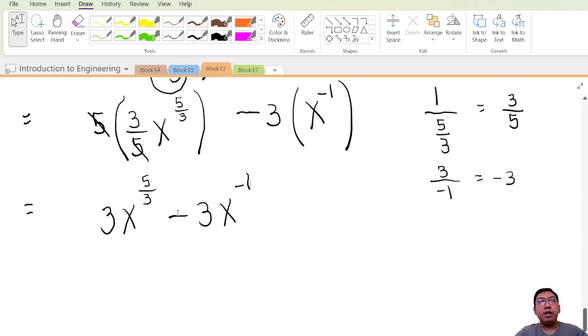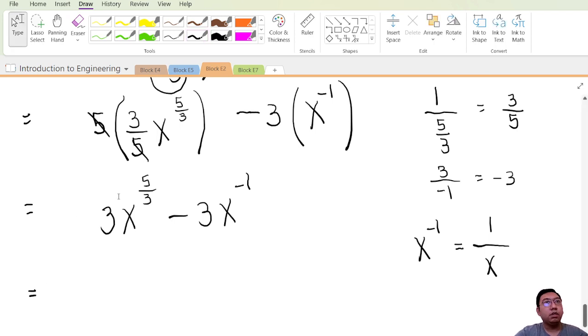Okay, the next step is that x to the negative 1 is just equal to, by virtue of index laws, 1 over x to the power of 1, or just basically 1 over x because the 1 there is invisible.